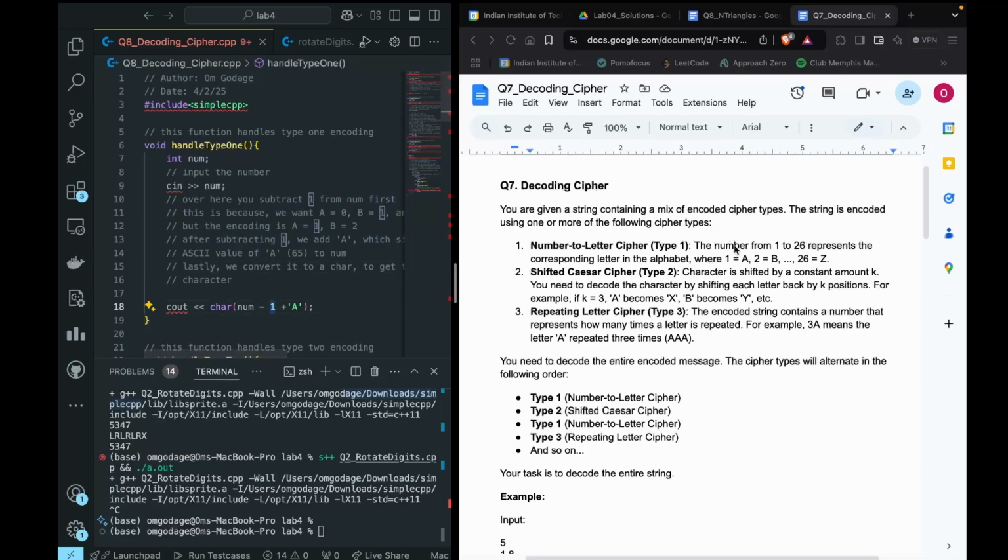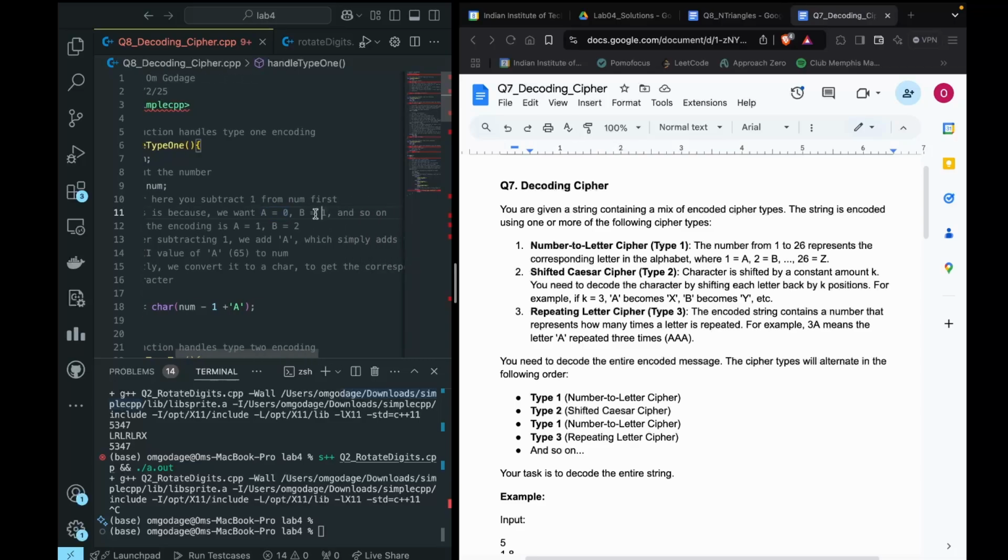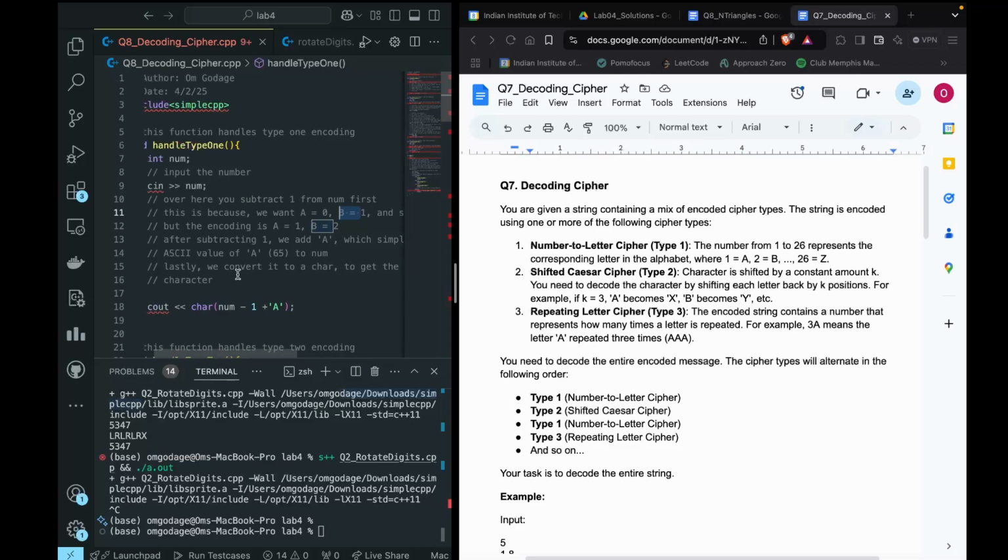We subtract 1 because we start from A, so you're basically mapping 0 to capital A and 1 to capital B and so on, instead of 1 to capital A.